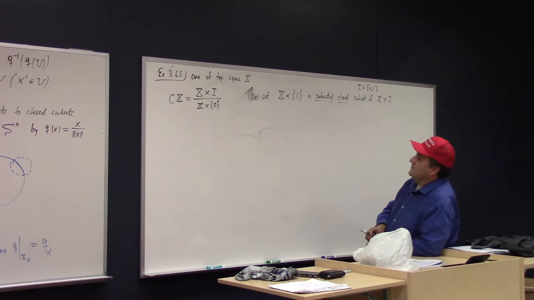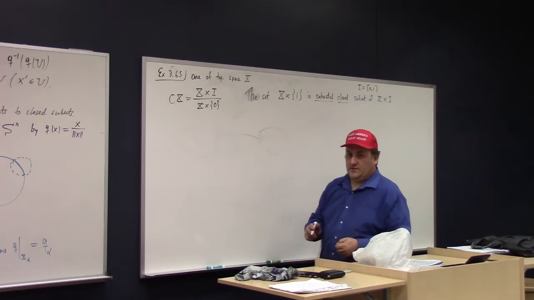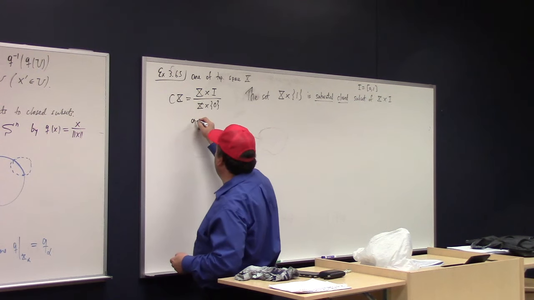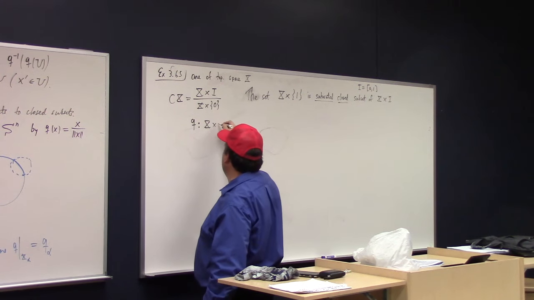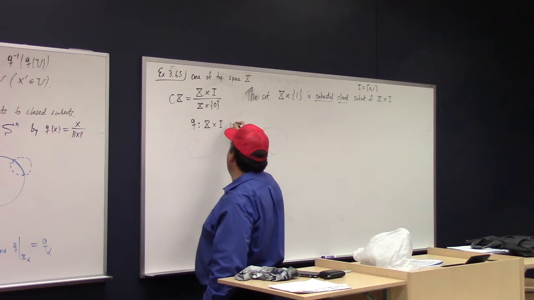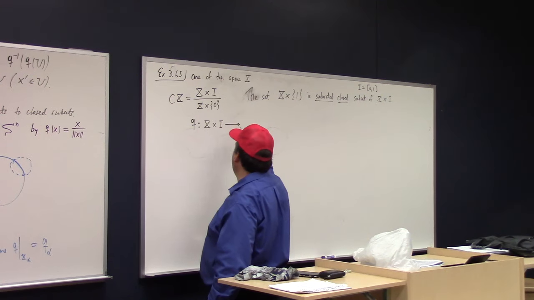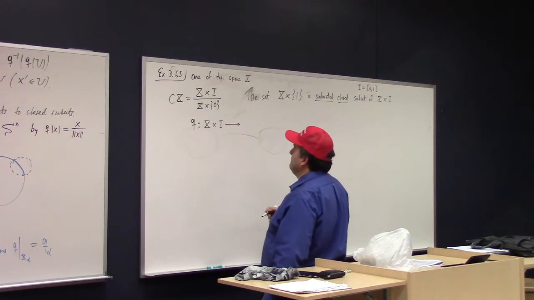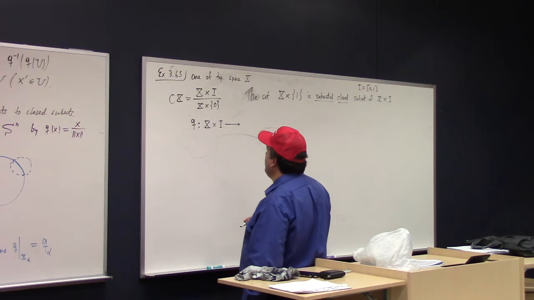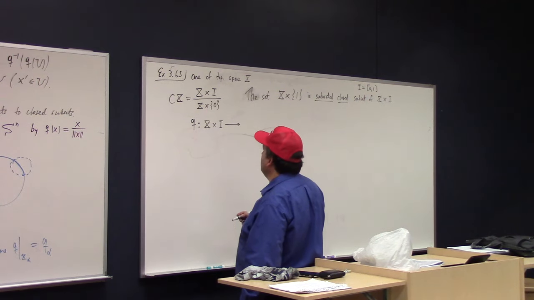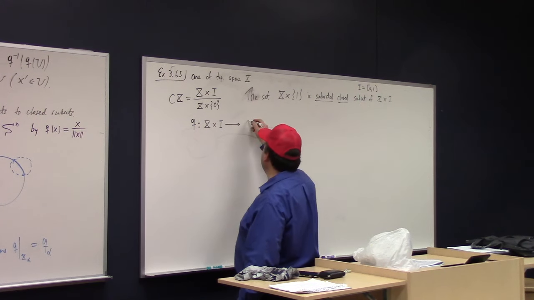So does that ring true to you guys? What is the quotient map here? Let me write it out. Q goes from X cross the unit interval to what? To CX, right? Is that right?